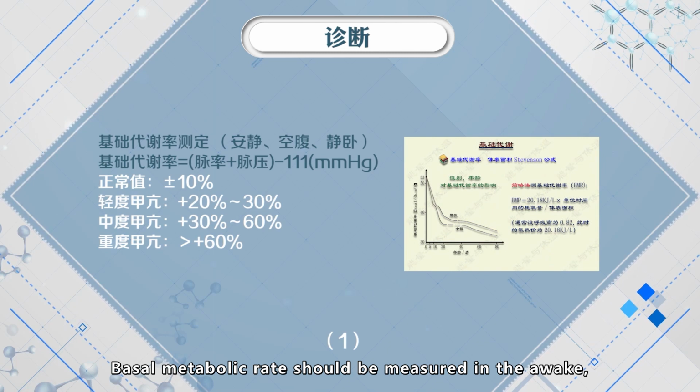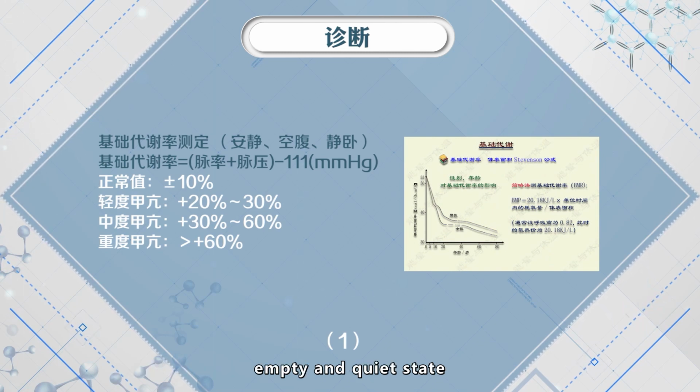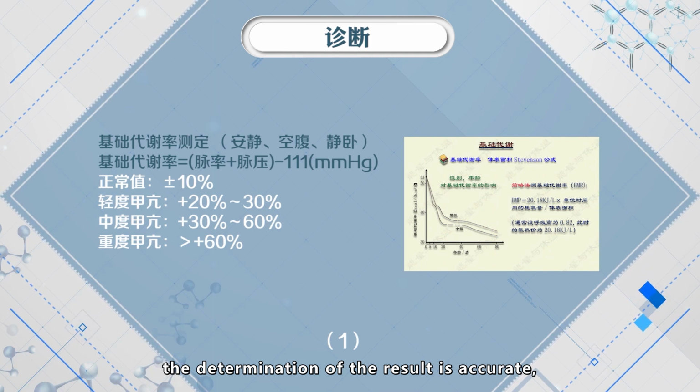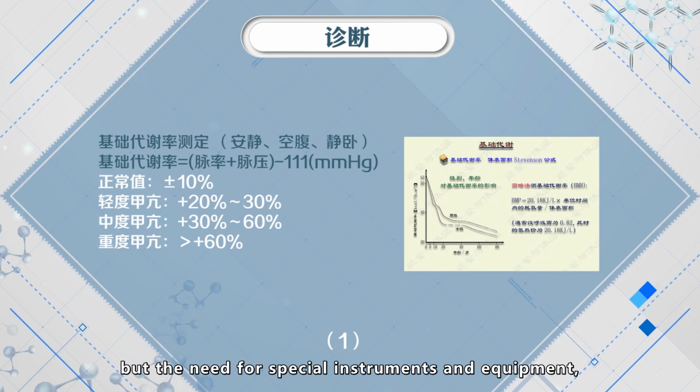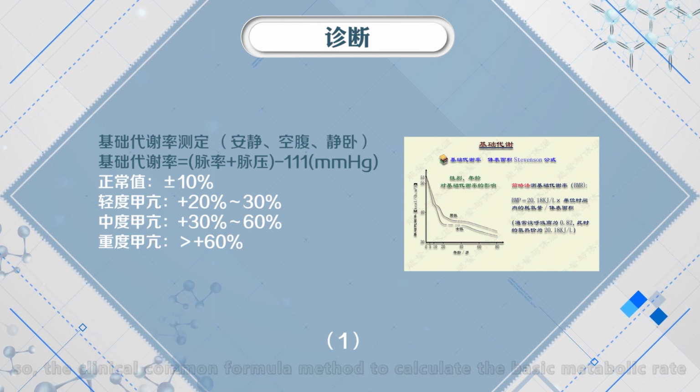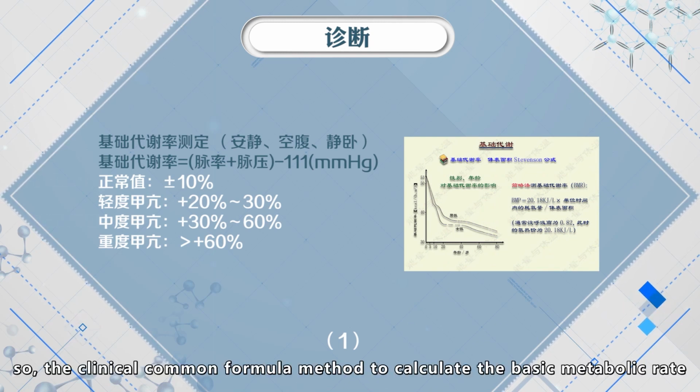Basal metabolic rate should be measured in the awake, empty-stomach, and quiet state. Using a basal metabolic rate analyzer, the result is accurate, but it needs special instruments and equipment. So clinically a common formula method is used to calculate the basal metabolic rate.